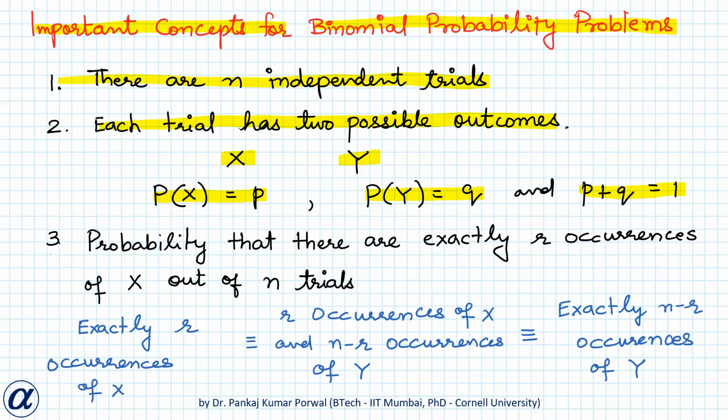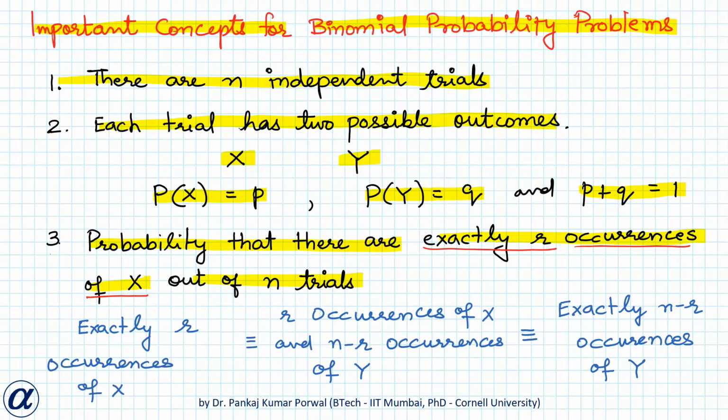In these problems, we are often asked the probability that there are exactly r occurrences of x out of total n trials. Here we have not said anything about y, but that is implicit in this statement: when we have exactly r occurrences of x, then the remaining n minus r occurrences should be of y.